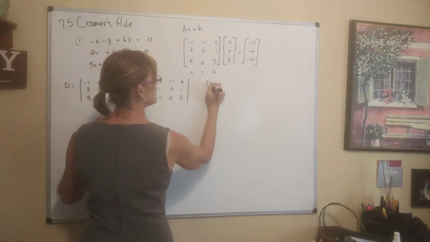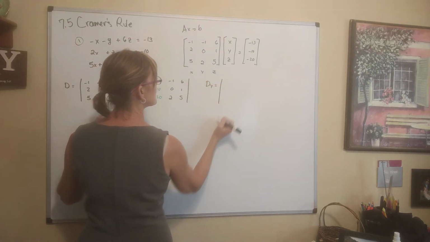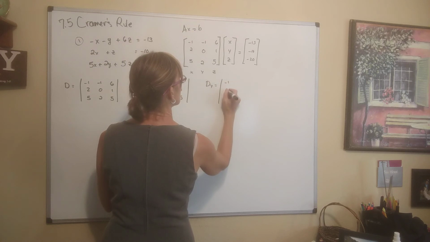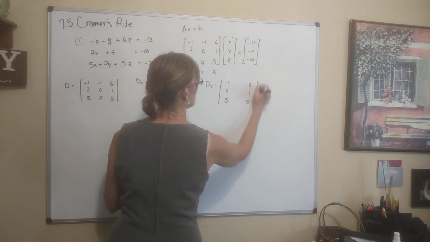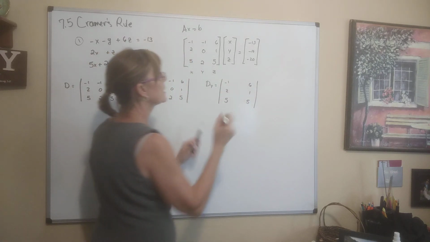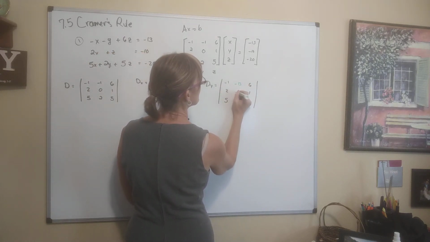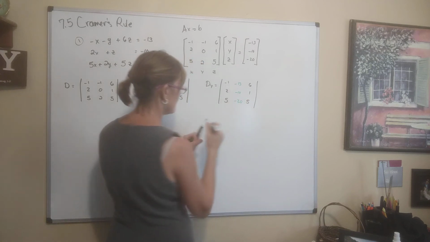Okay. D sub Y is the determinant, negative 1, 2, 5, 6, 1, 5, but the middle column is replaced with negative 13, negative 10, negative 20. All right.